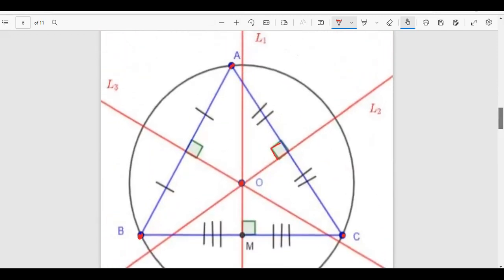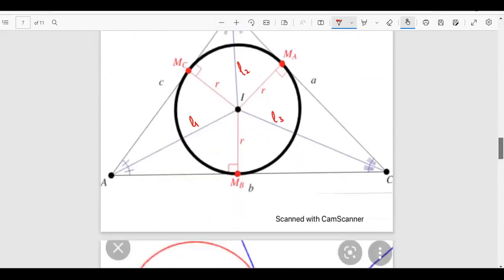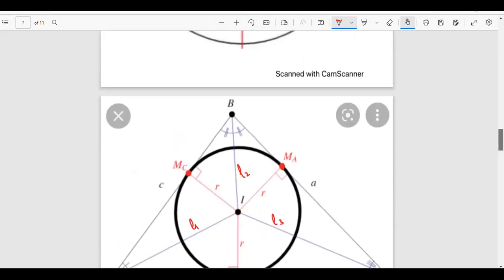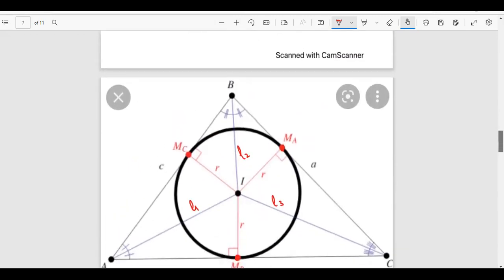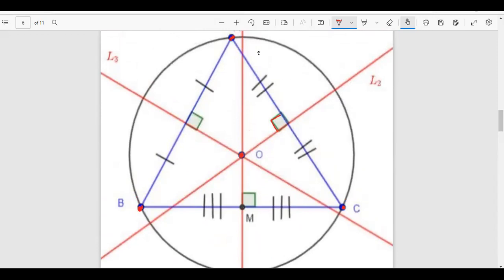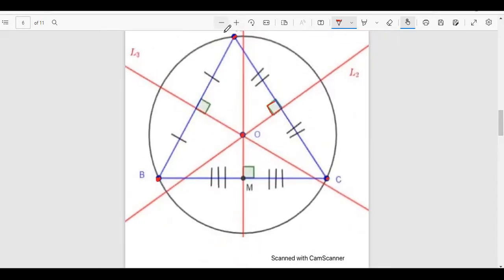You can see L1, L2, L3, they are bisecting the sides, but this time around they are bisecting the angles. These are the two basic differences, and the most major one is that here the circle is inside, and in this one the circle is outside for the circumcircle.